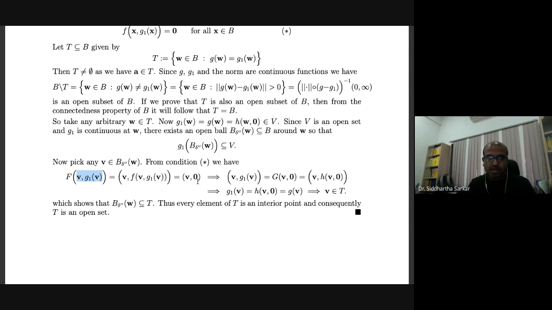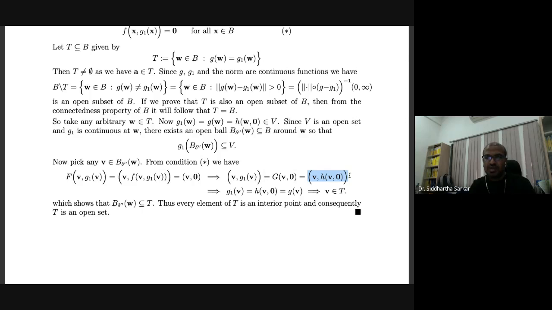But now my f vanishes on V, so this is just v0. If F takes (v, G1(v)) to that, now we can use G being the inverse function. So that means (v, G1(v)) is nothing but capital G applied to the pair (v, 0). And then by definition of G, or how we achieved h from capital G, it's simply equal to (v, h(v0)).